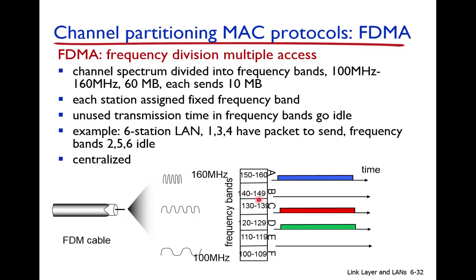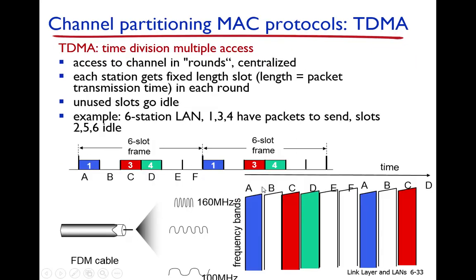So FDMA achieves the second objective. FDMA doesn't achieve the first objective, but it achieves the second objective. And TDMA achieves the first objective as well as the second, because this channel is used by A, B, C, D, E, F, and each is using it for 5 seconds. So each gets equal use of the channel.